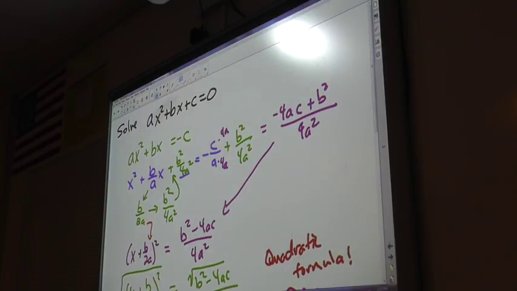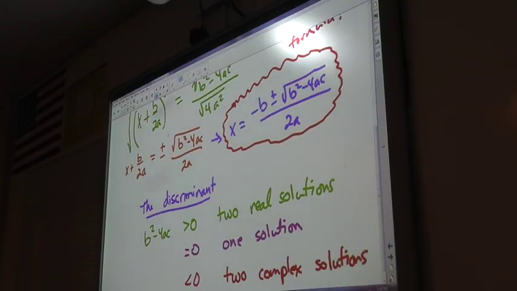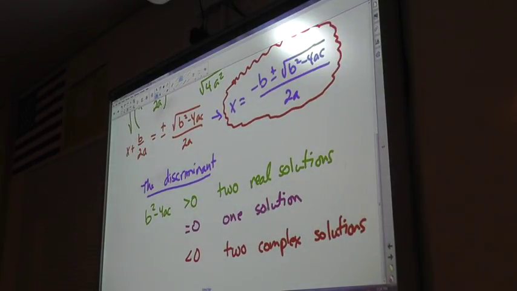Because if a was 0, this would just be a linear function, an mx plus b problem. I wouldn't even be worrying about this quadratic part. So a is not going to be 0, because then it's not a quadratic problem. So you can tell how many solutions you have based on this discriminant.